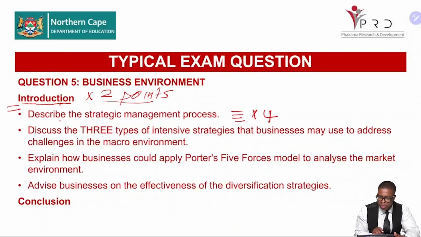Then 3 types of intensive strategies that the business may use. Discuss them. Then you discuss the 3 types, meaning you should have type number 1, type number 2, and type number 3. To say, with intensive strategy, what are we talking about? We're talking about market penetration.